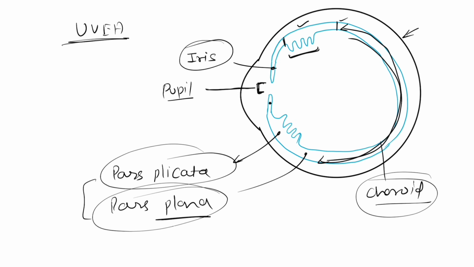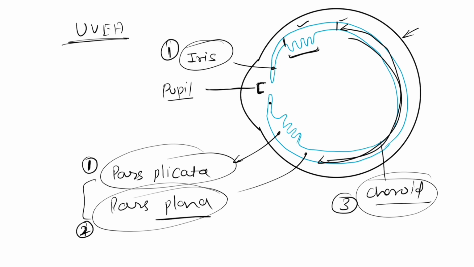And functionally we have three parts again: anterior uvea, intermediate uvea and posterior uvea. Iris and pars plicata are anterior uvea. Pars plana is the only structure in the intermediate uvea, and the choroid is the only part in the posterior uvea.